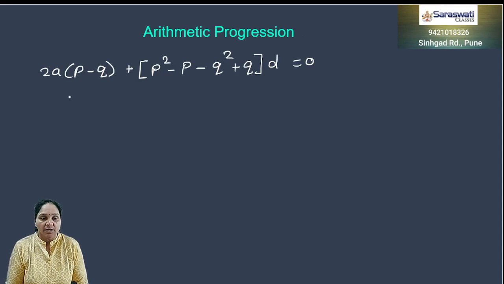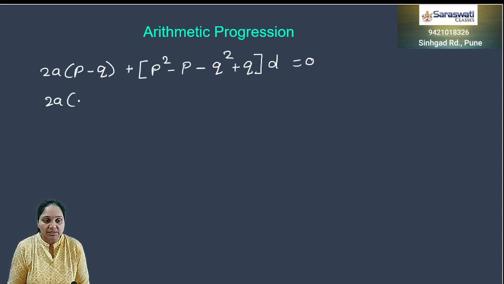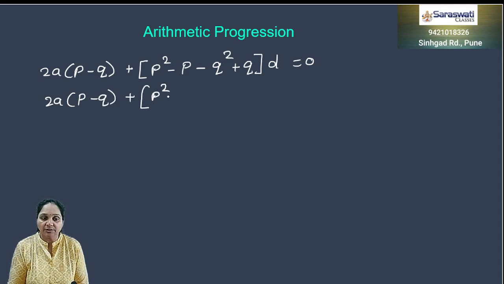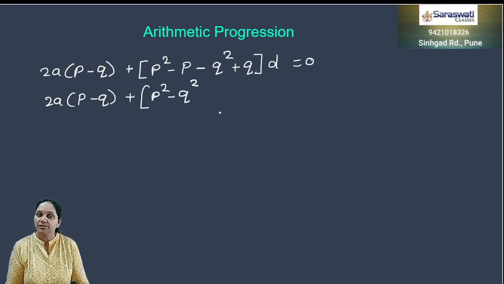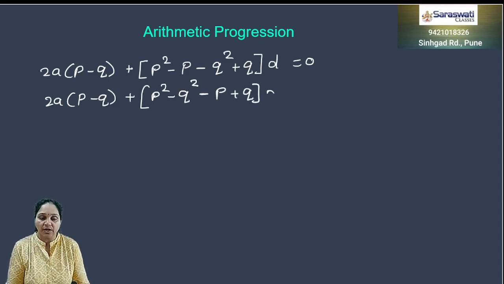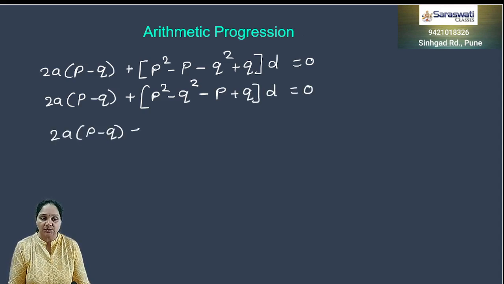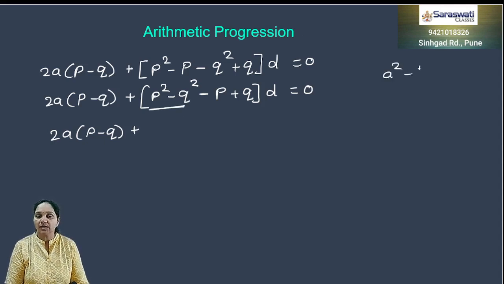Okay. Now simplify. Rearrange the terms. So write p square minus q square together and minus p plus q and into d is equal to 0. So 2a into p minus q plus, factorize this using the a square minus b square identity, that is equal to a minus b into a plus b.